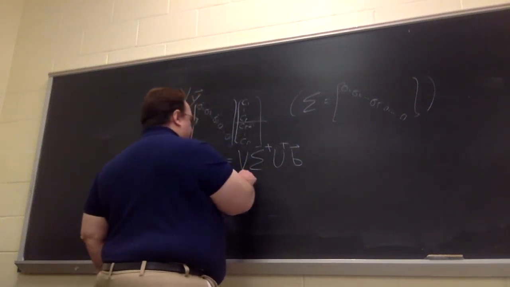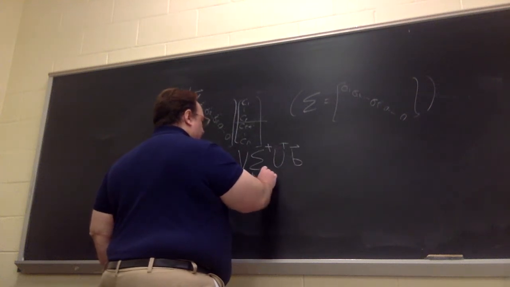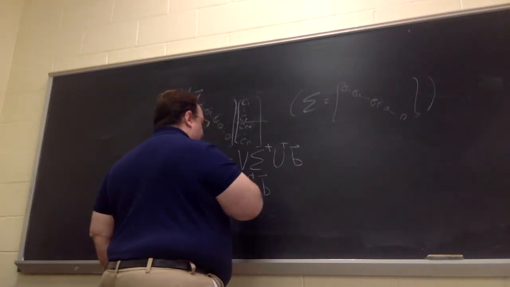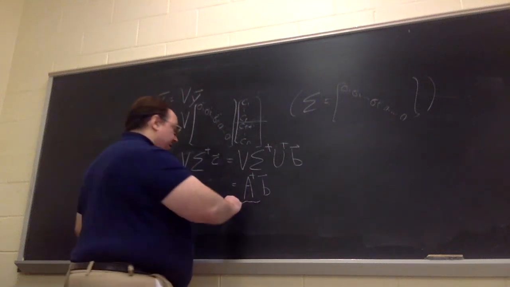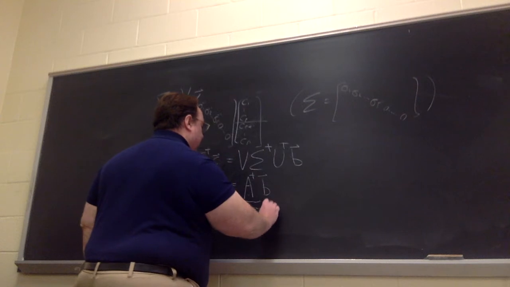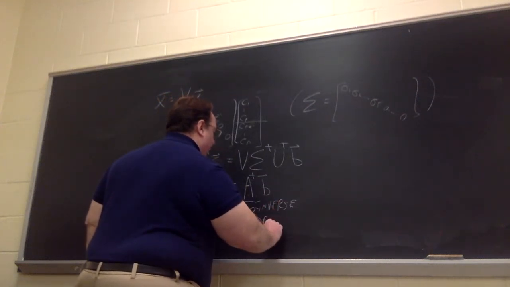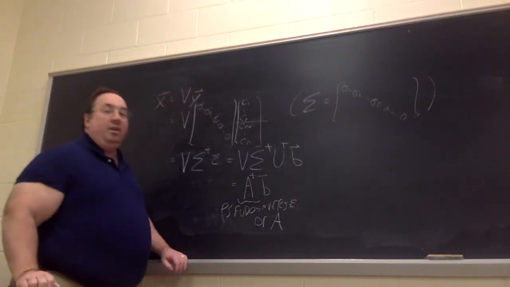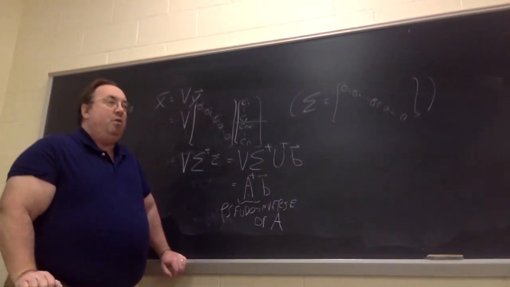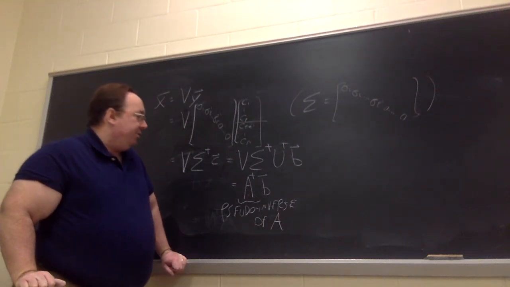So I'm going to call this A plus, times b. And A plus here is called the pseudo-inverse of A. It's also called the Moore-Penrose inverse, or generalized inverse. Well, I'll stick with the term pseudo-inverse.